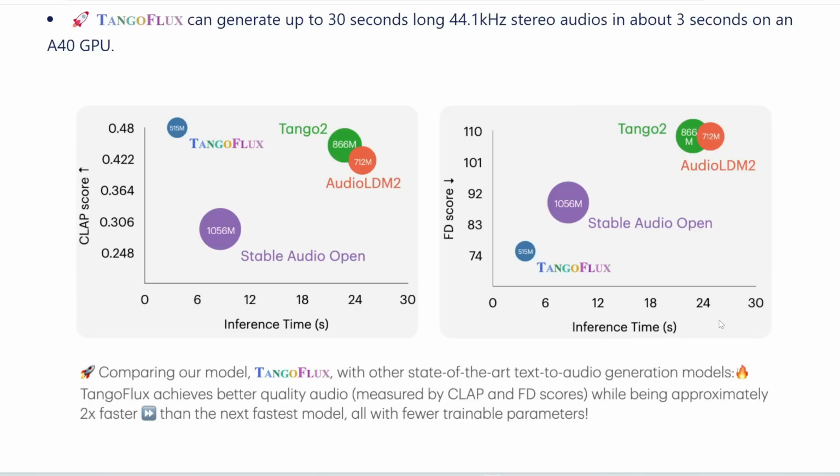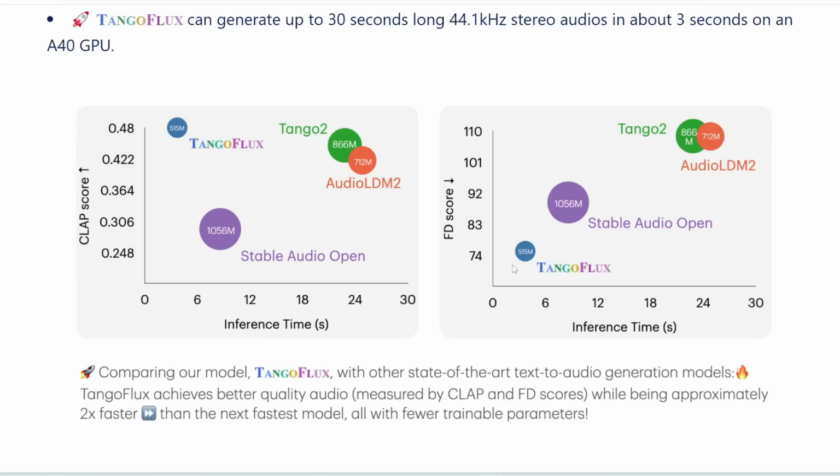But not only that, it's also the highest quality. So here you can see it has the highest CLAP value and the lowest FD score, which means the audio is better quality and more accurate. So it seems like TangoFlux is right now the best open source sound generator that you can use.